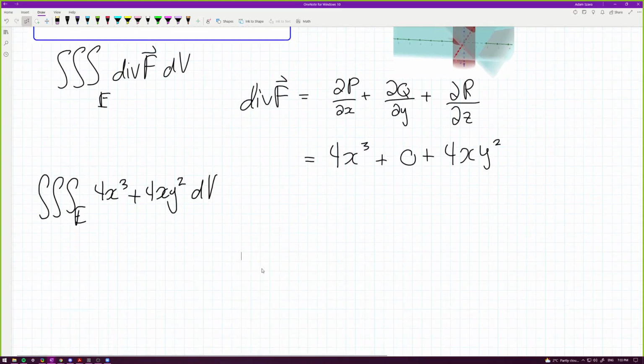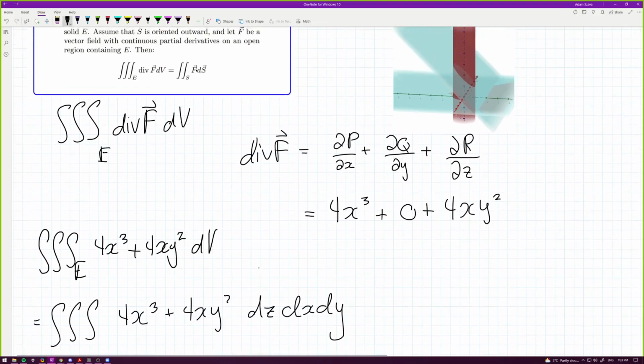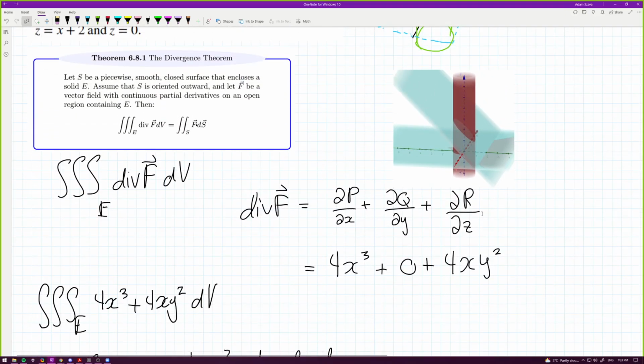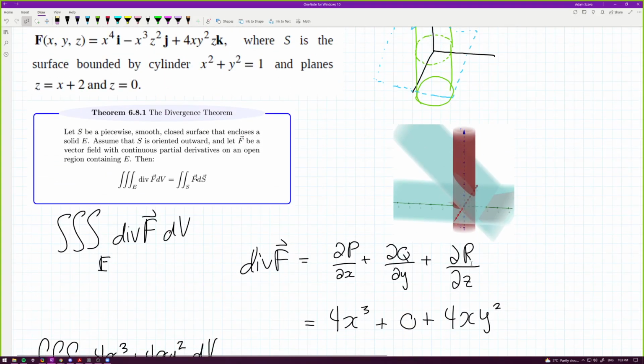In rectangular coordinates, it's a triple integral, though not over E anymore because I'm going to put the bounds in. The integrand is 4x cubed plus 4xy squared. I'm going to do dz first, then dx, dy. So first, the bounds on z.